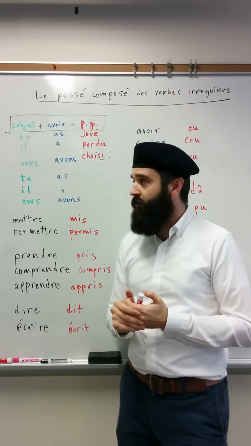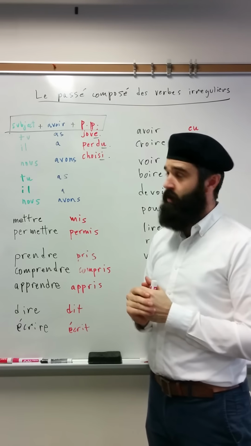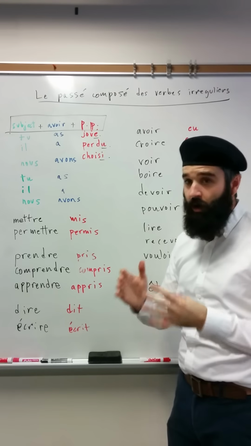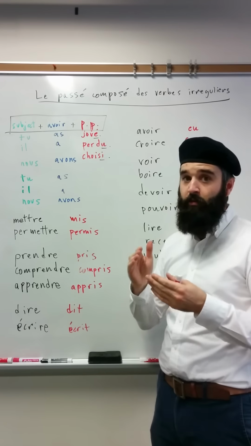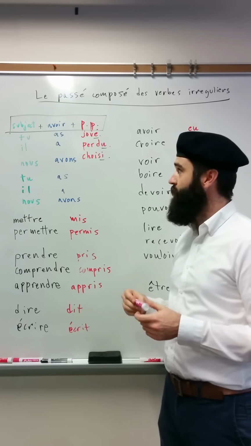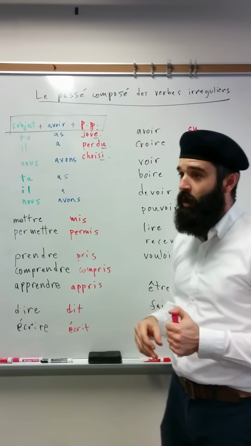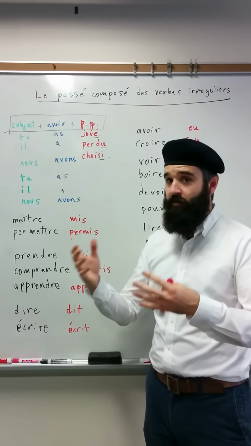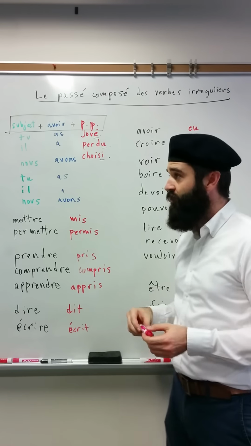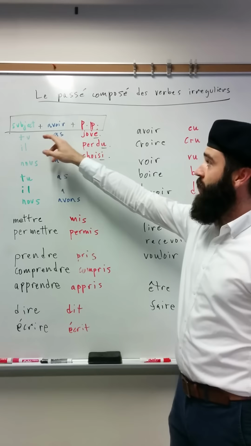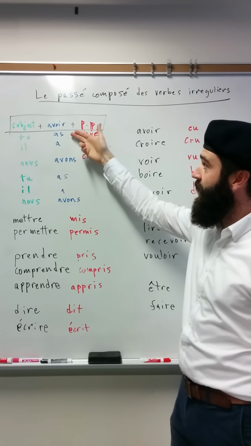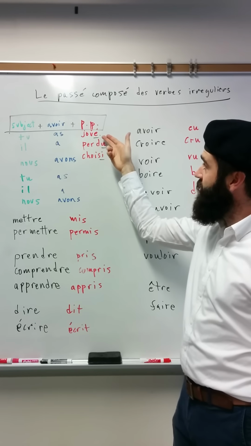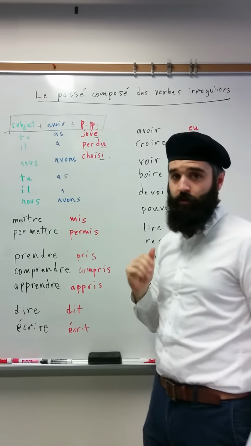Now, in the passé composé of regular verbs, we saw that those also followed a pattern. They worked for more than one of the verbs. Okay? So if you want to put an ER verb into the passé composé, as we know, we have our subject, and then we put avoir, and then we take off the ER and add an E with an accent aigu.